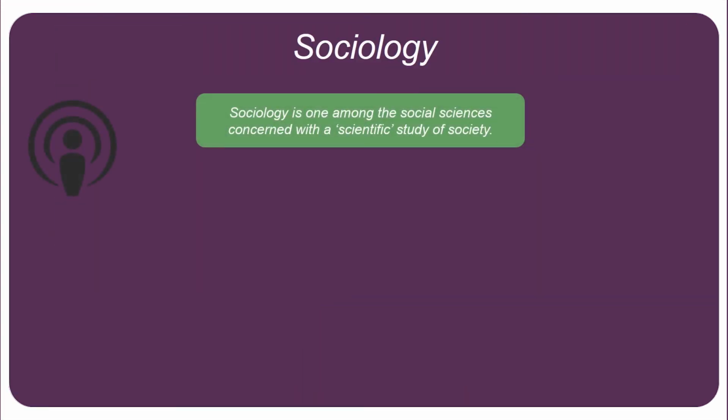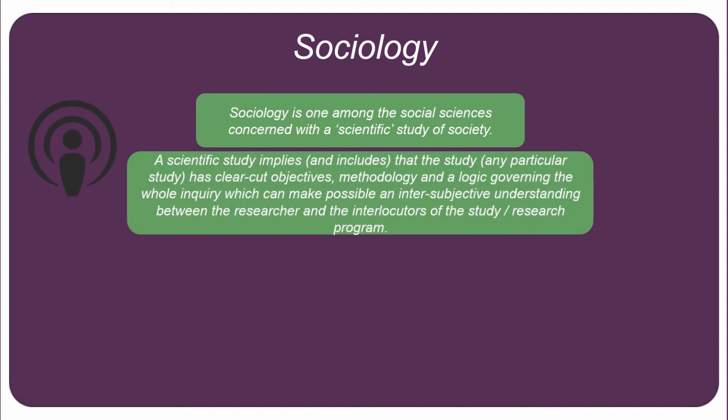Let's come to the third social science, which is sociology. Sociology is one among the social sciences concerned with a scientific study of society. A scientific study implies and includes that any particular study has clear-cut objectives, methodology, and logic governing the whole inquiry, which can make possible an intersubjective understanding between the researcher and the interlocutors of the study or the research program.